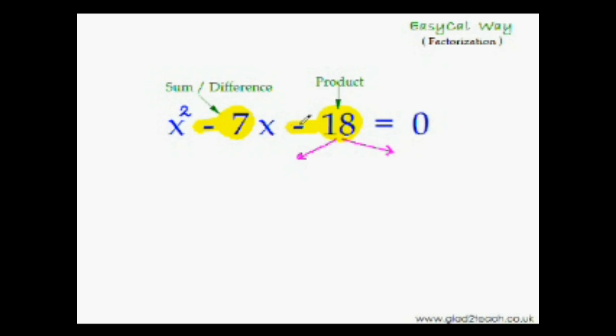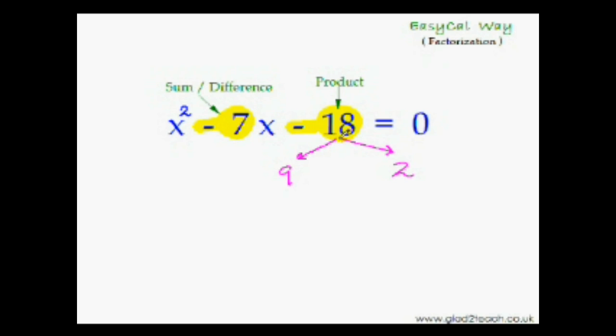We are not bothered about the signs, we can adjust that later. You just have to tell me two factors of 18 whose sum or difference is 7. Did you say 9 and 2? That's absolutely correct. Isn't it? 9 times 2 is 18 and the difference of 9 and 2 is 7.